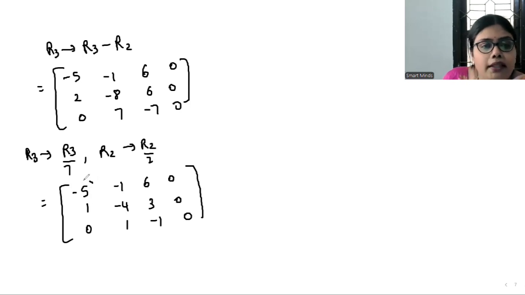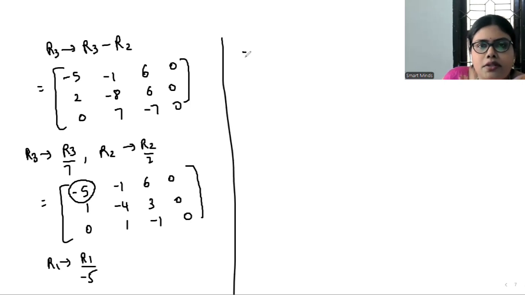Now I want to make this element 1, so I will divide R1 by minus 5. Before doing that, let us do one more thing, some other transformation.